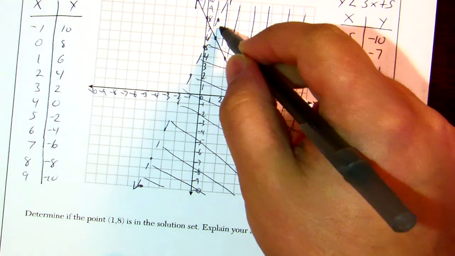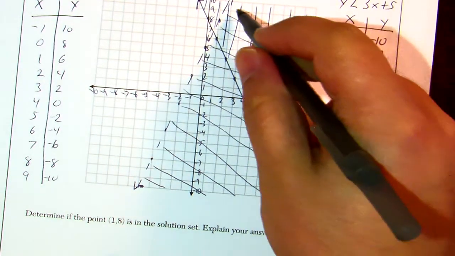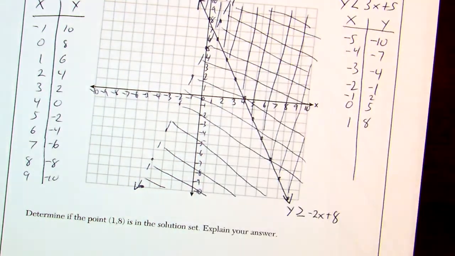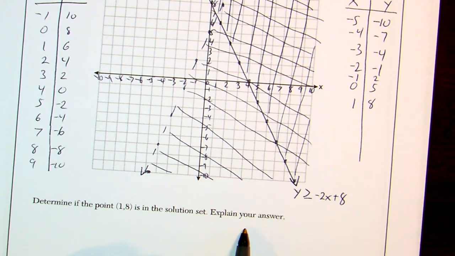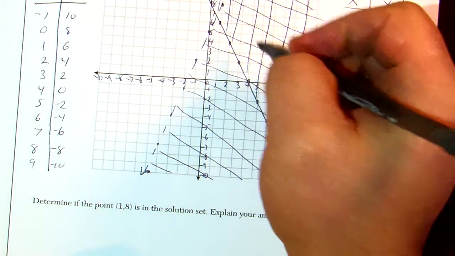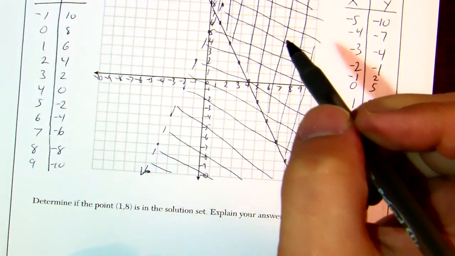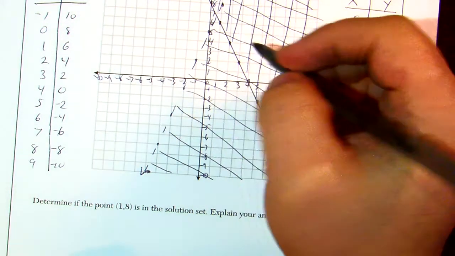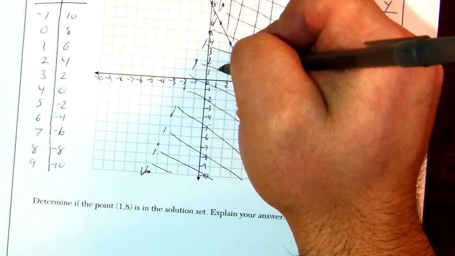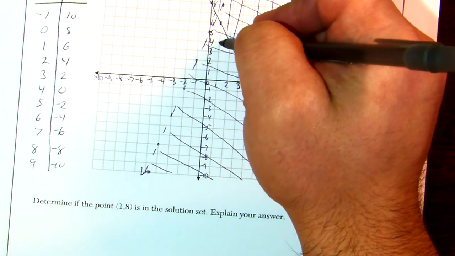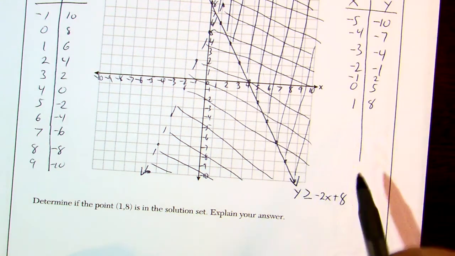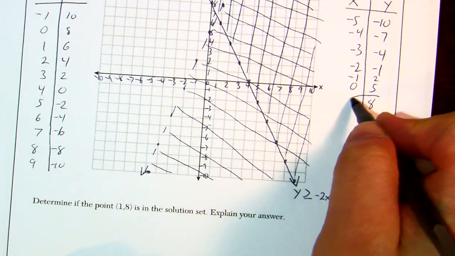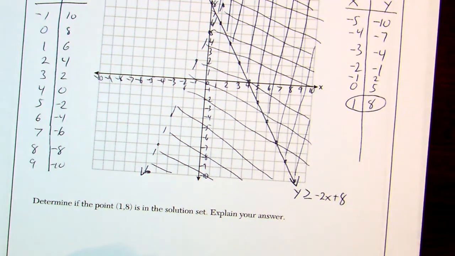Remember, the checkered area that we have now is all the solutions. And it says determine if 1, 8 is a solution set. Explain your answer. So 1, 8, if you look, 1, 8 is on the dotted line. Okay? Since 1, 8 is on the dotted line, it is not.